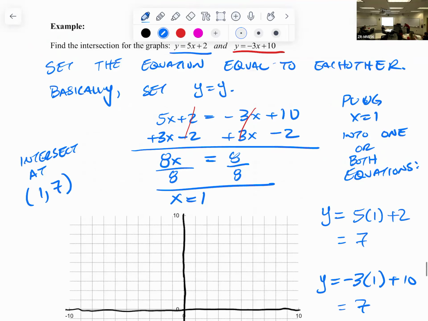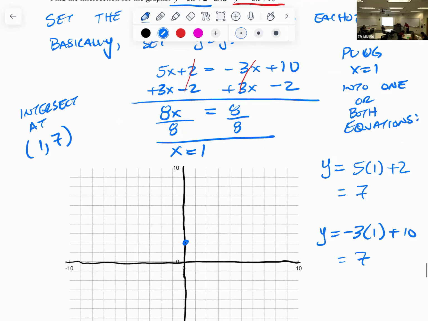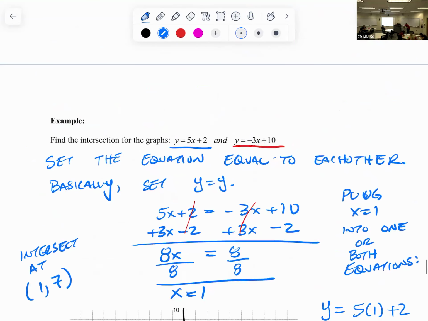So my first line, the point (0, 2). Just to practice here, the y-intercept on this guy was (0, 2). What's the slope? 5/1. 5 is correct, but we just like to write it as a fraction.